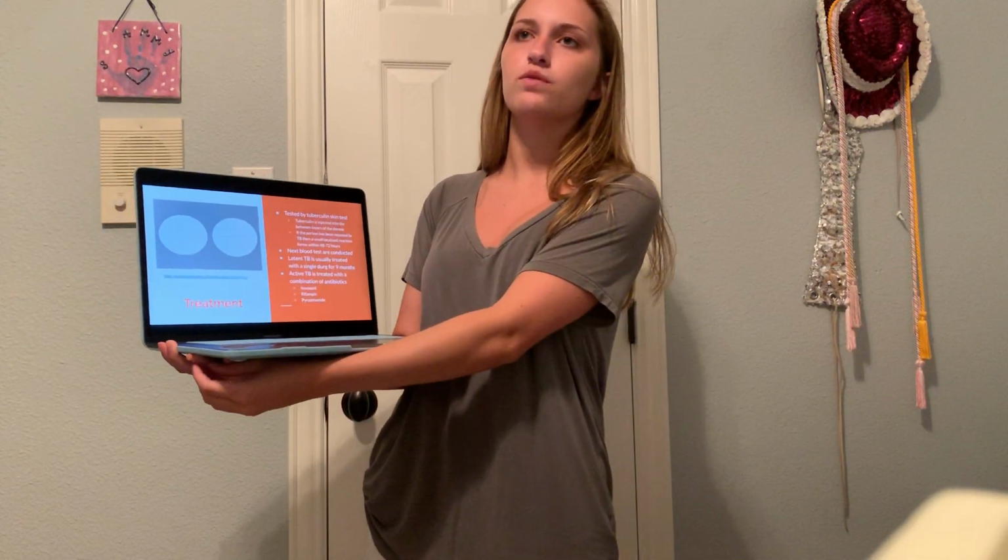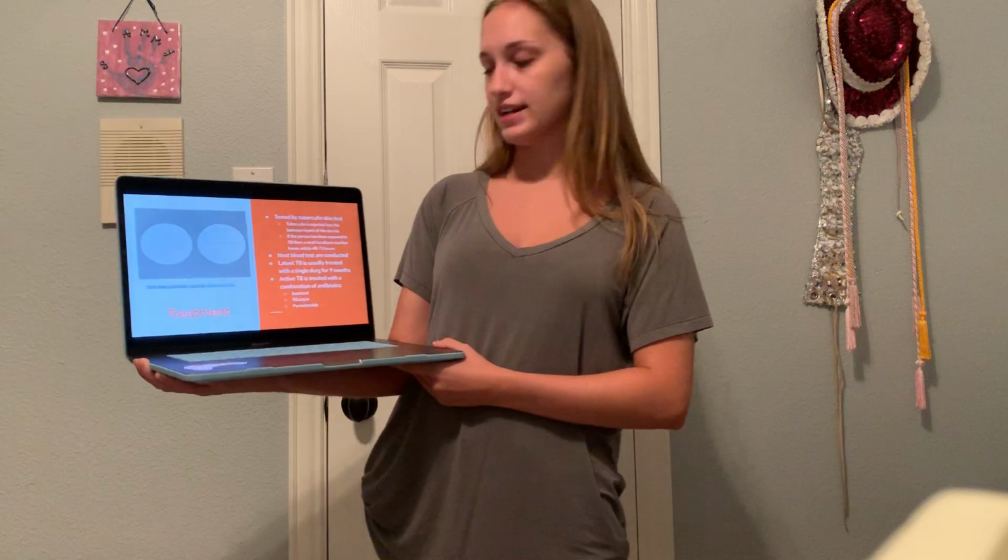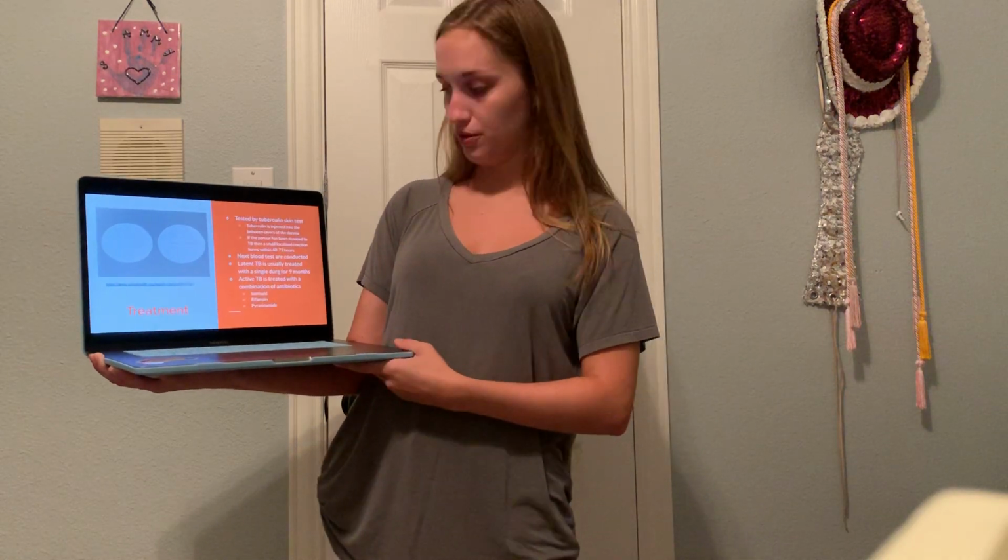Now, the test doesn't always diagnose correctly, so if you do have a reaction, the next step is to take a blood test to make sure you truly do have the disease.